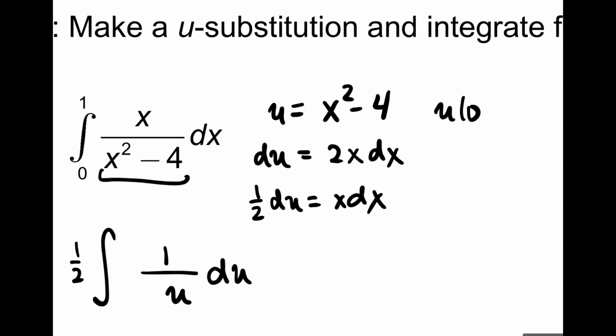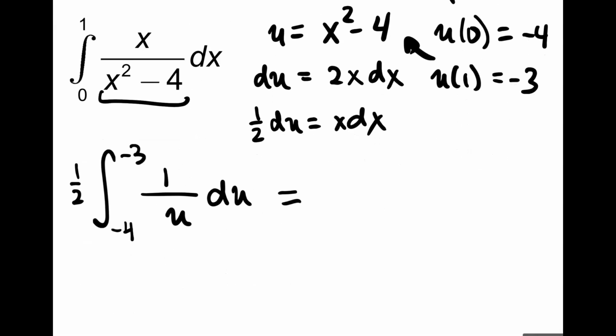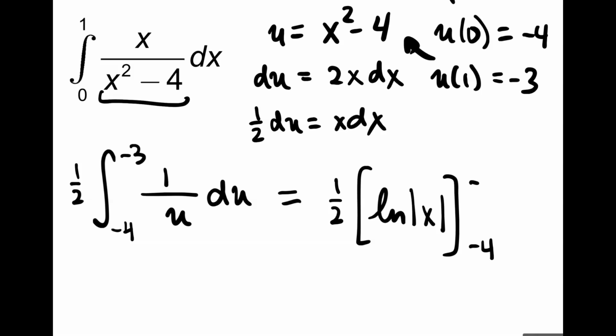So u of 0, plug 0 in here, and you get -4. Going from -4, if you plug in our top bound, u of 1, 1 minus 4 is -3. Step by step, this is going to be 1/2 of ln of absolute value of u, evaluated from -4 to -3.